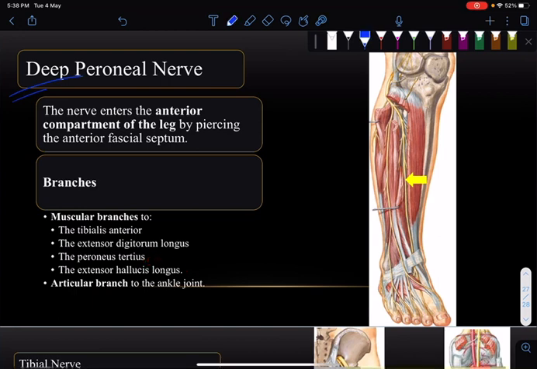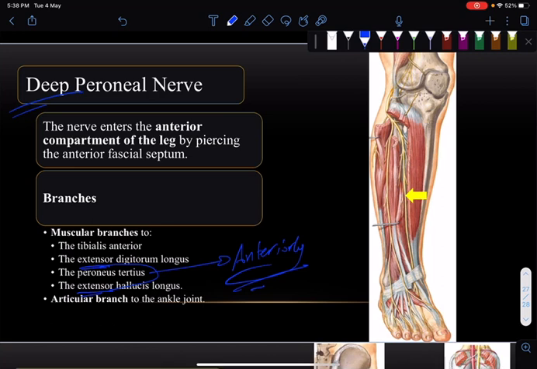زي ما انتم شايفين هون عندكم الextensors، وين جايين؟ Extensors جايين anteriorly. Why anteriorly؟ Because the leg عكس باقي الجسم: anterior نربطها بفليكشن و posterior نربطها بextension. بس بالليج عكس، الانتيريور نربطها ايش؟ باكستنشن، والposterior نربطها ايش؟ بفليكشن.